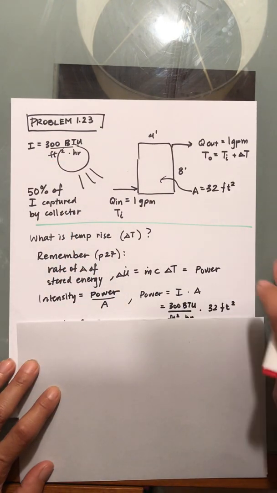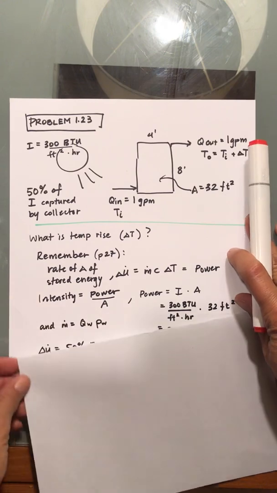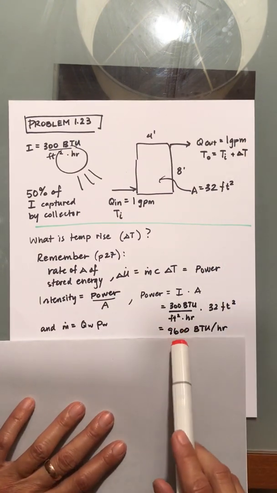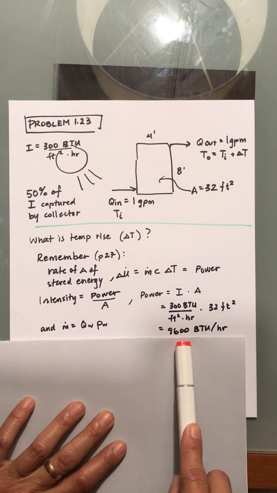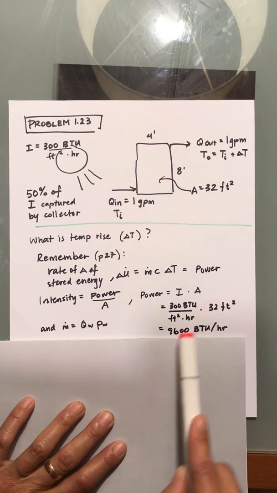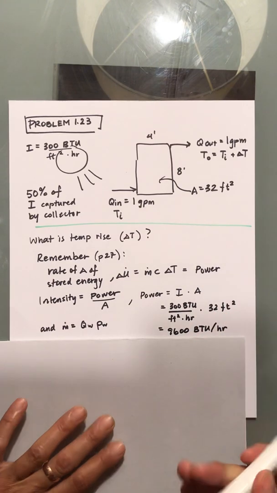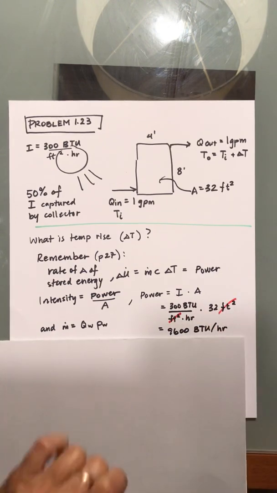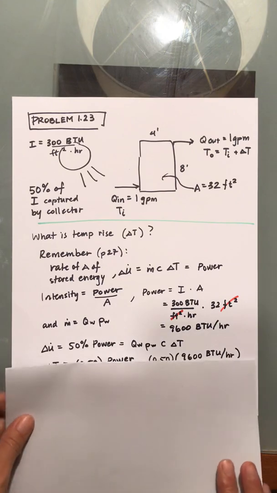Then we can back out of that the power, and I've just done that here so that we have it. The power is going to end up being the intensity times the area, 300 times 32, or 9,600 BTUs per hour, and our area units cancel out, right? That's important. Okay, so we have BTU per hour.